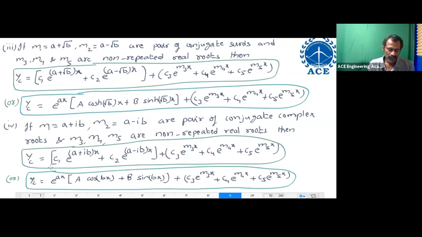Like this, we write the linear combination of independent solutions depending on the roots. With the 4 different types of roots, we write the 4 different forms.